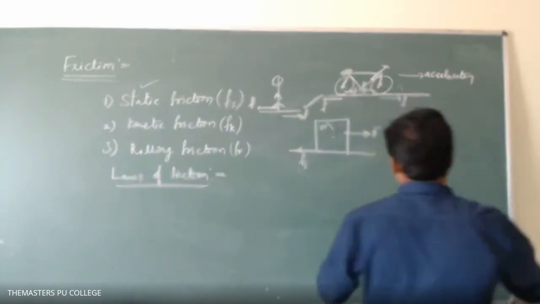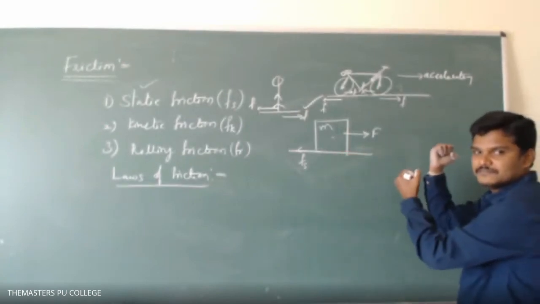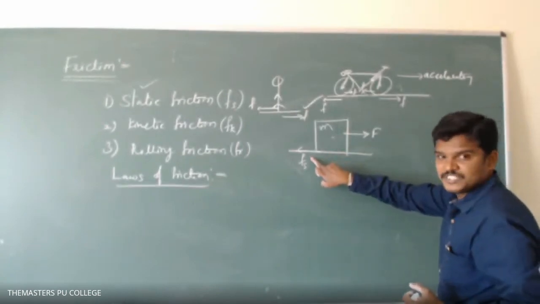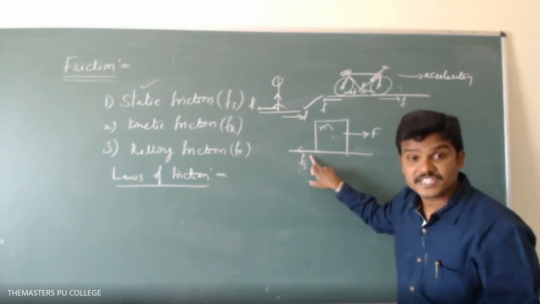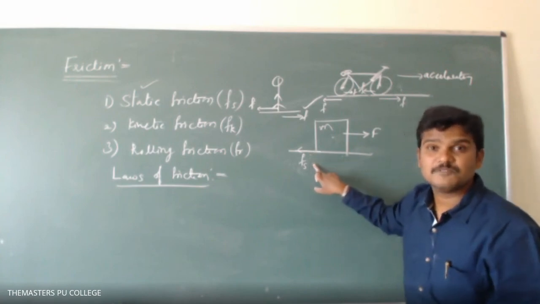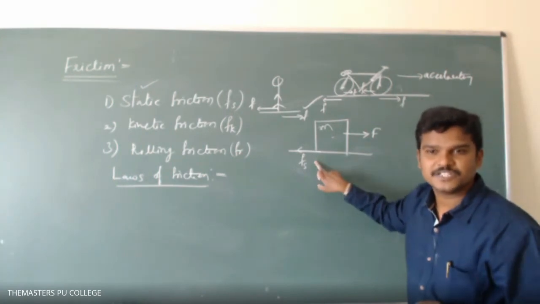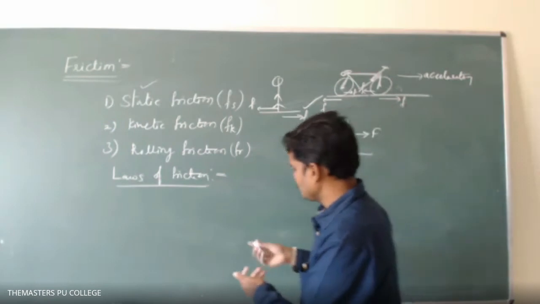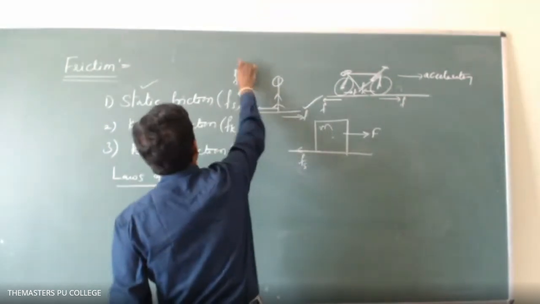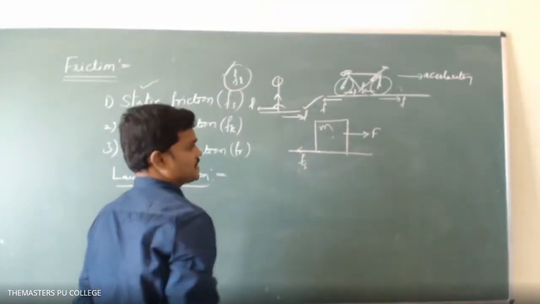Or suppose if I pull this block in this direction, here the frictional force increases and reaches saturation, reaches the maximum value. That maximum value of static friction is limiting friction, which can be represented as FL. Note down, this is also a static friction.